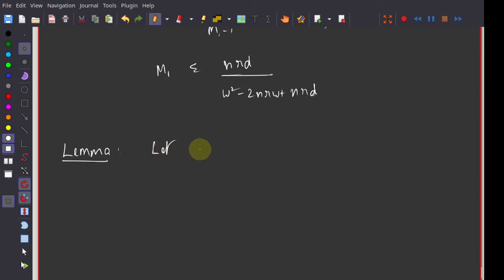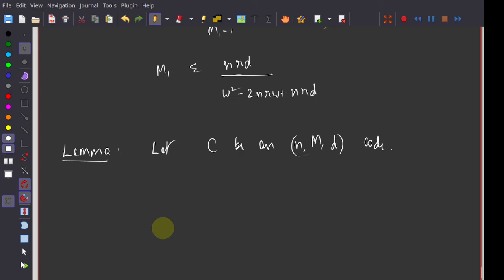So take any n, M, d code. Okay, remember, all I'm interested in is the parameters, right?